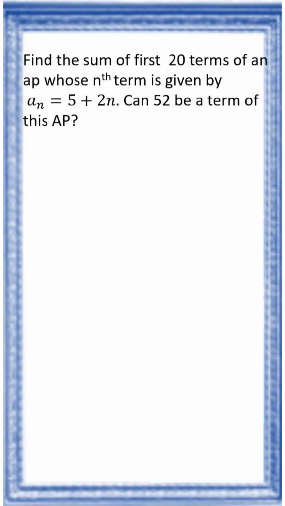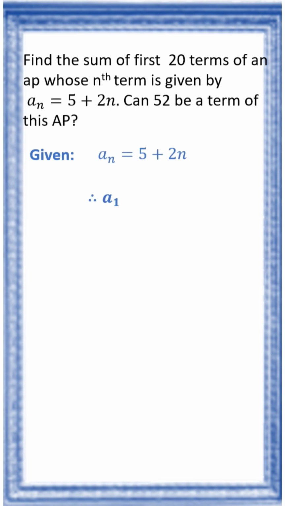Now let us solve the next one, option B. Find the sum of first 20 terms of an AP whose nth term is given by An is equal to 5 plus 2n. Can 52 be a term of this AP? What has been given? An is equal to 5 plus 2n.